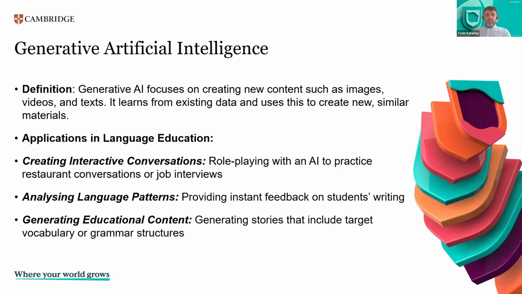And another one is generating educational content. Most of the time, I'm sure we need our teaching materials tailored to our students' needs, right? And generative AI can create stories and exercises and even test items that include specific vocabulary or grammar structures that your students are learning.